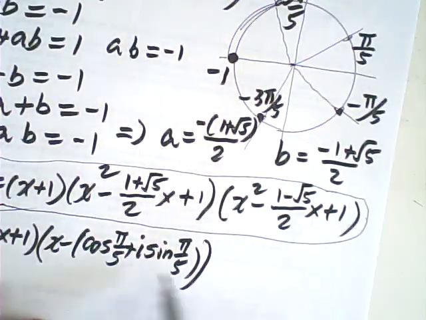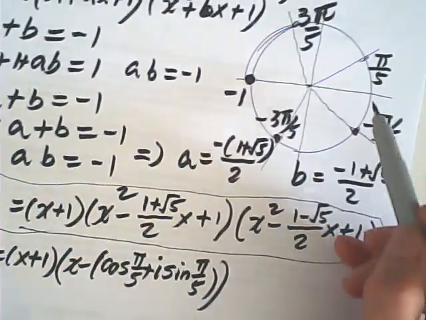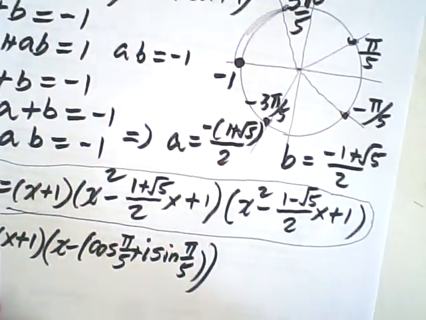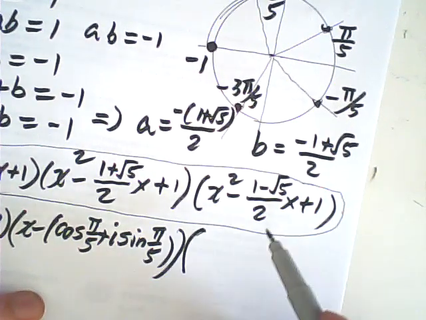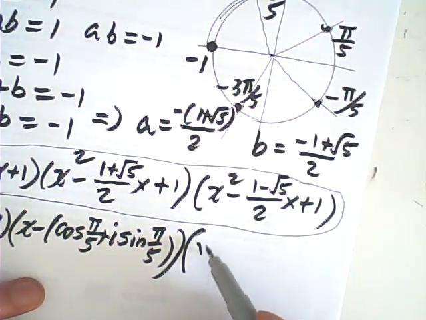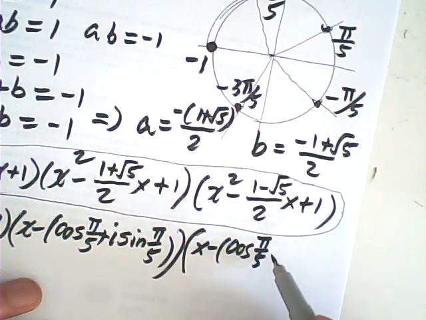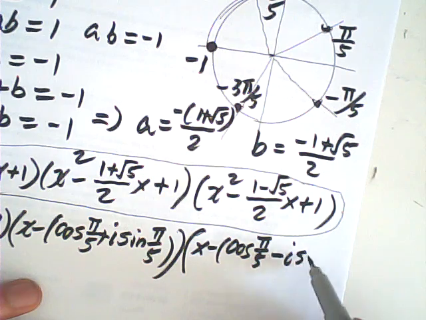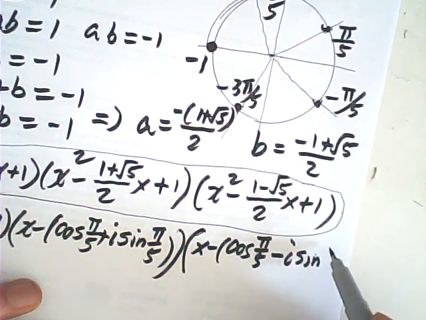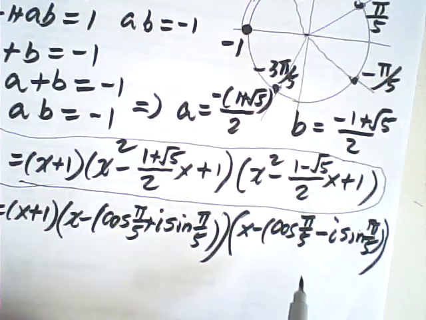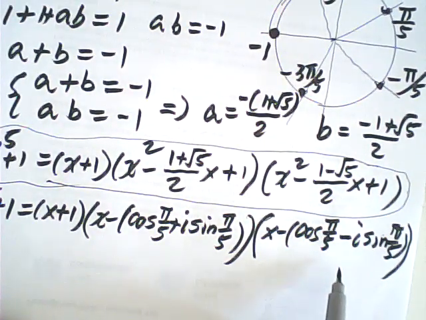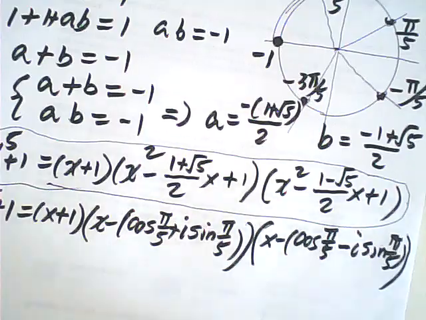Yeah, that is a factor coming from this root. And for this one it is x minus cosine pi over 5 minus i sine pi over 5. That is the second. This is the third factor, which is coming from this root.